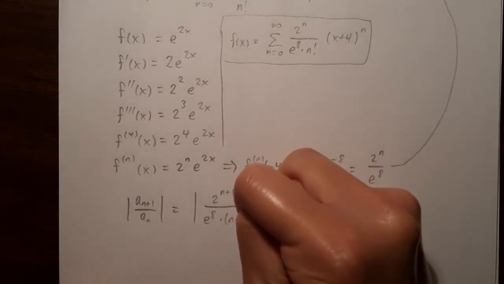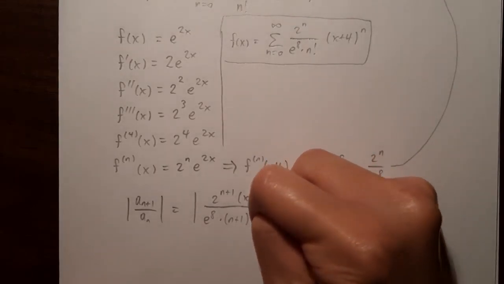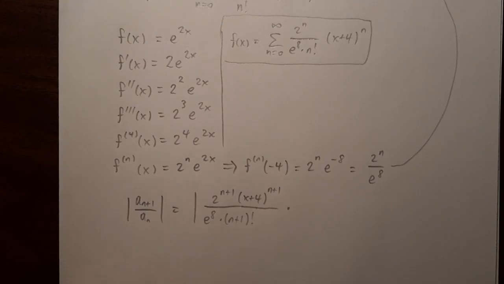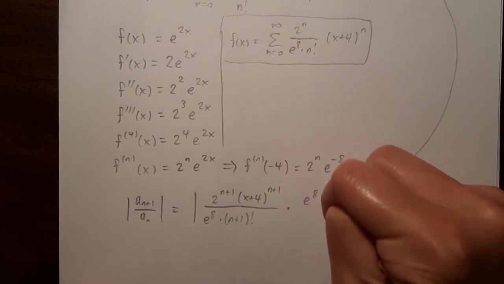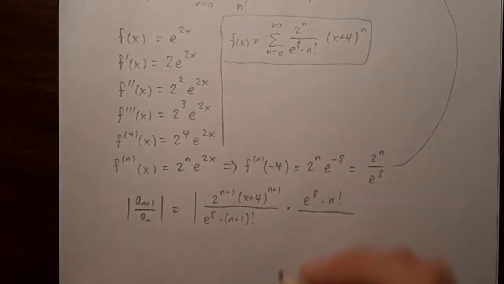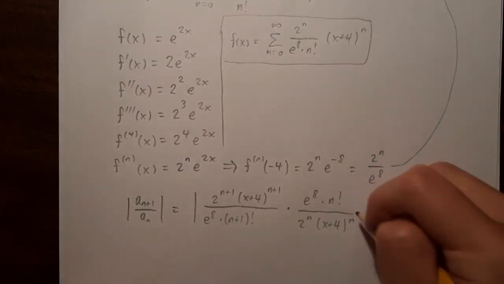Oh, I'm forgetting my (x plus 4) to the n plus 1, like that, and multiply by the reciprocal of the original. So that's going to be e to the 8th on top times n factorial divided by 2 to the n times (x plus 4) to the n.